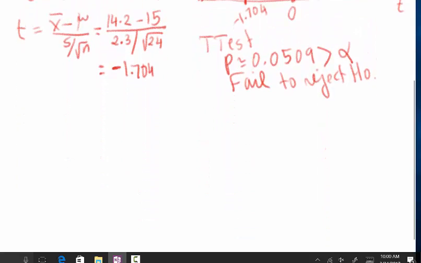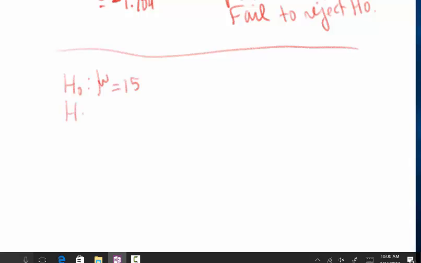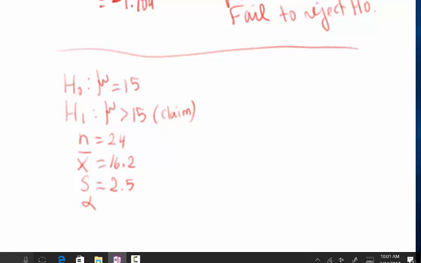I'm going to do another example with the right tail test. H0, let's say mean is 15, H1 mean is greater than 15, and this is the claim, and let's say n again is 24, let's say x bar is 16.2, let's say s is, I don't know, 2.5, I'm just making up stuff, and let's say alpha is again 5%.